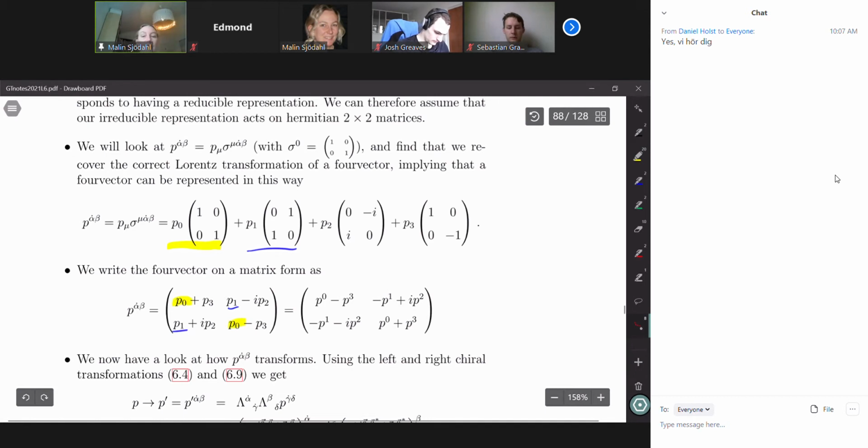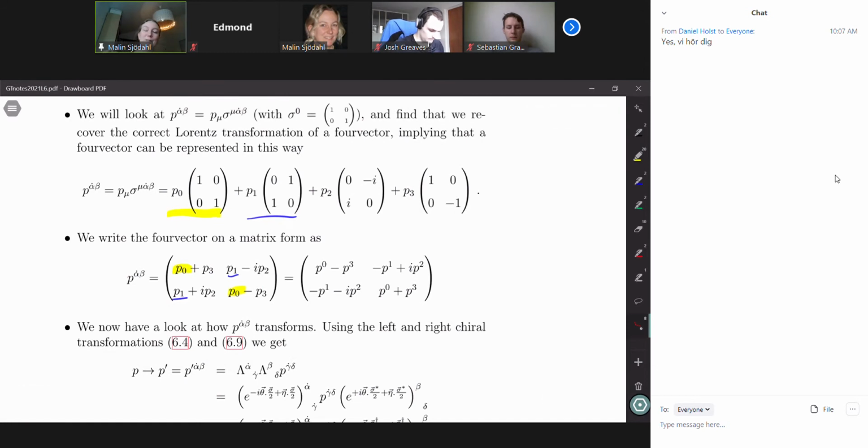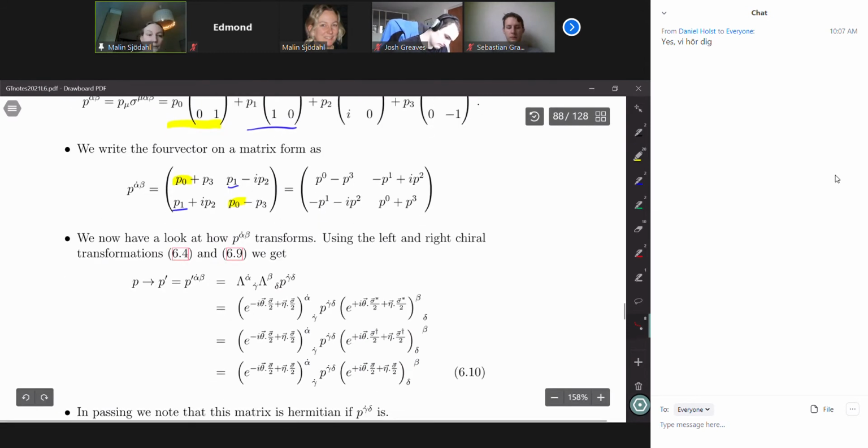Okay, so we write it in this way, where we have just introduced the minus sign for all the spatial components in order to be able to write it in terms of an upper index guy, because this is what corresponds to the actual momentum, or position if you want.